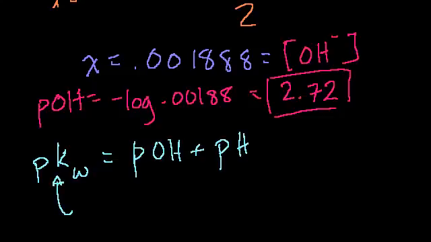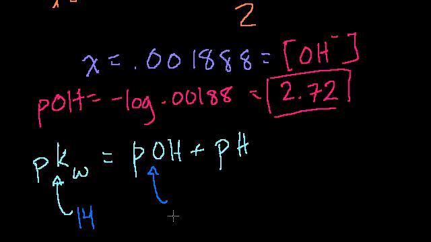This at 25 degrees is 14, because you have 10 to the minus 7 of each of these. This is the equilibrium constant for the dissociation of water. When water is neutral, it's 7, or a concentration of OH of 10 to the minus 7. But we take the minus log, this becomes 7.